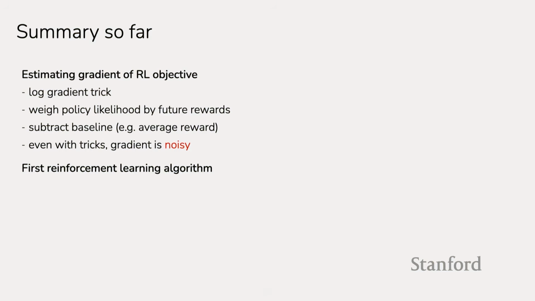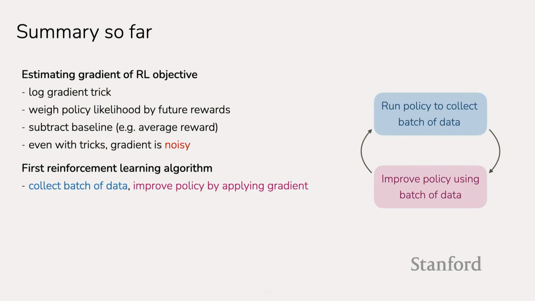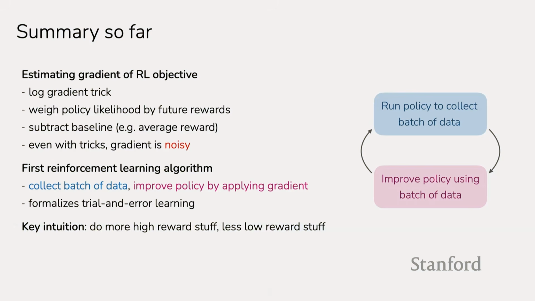This is also our first online reinforcement learning algorithm, where we iterate between collecting a batch of data with our policy and improving our policy, and it formalizes this trial and error learning process. The intuition for everything we've done so far is: do more of the high reward stuff and less of the low reward stuff.